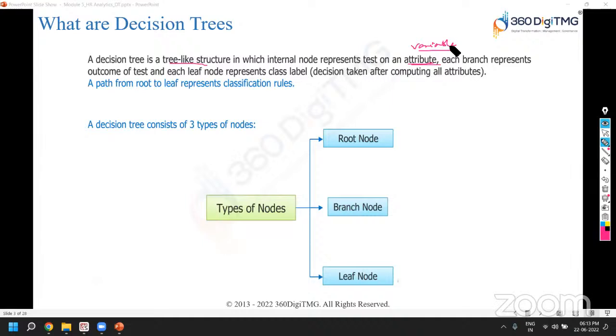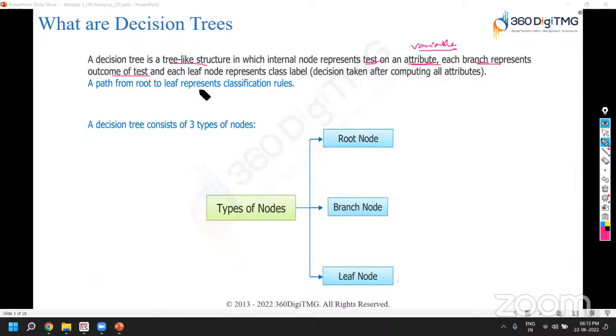When you take the test, the results that we get are the branches, and each branch represents the outcome of the test.